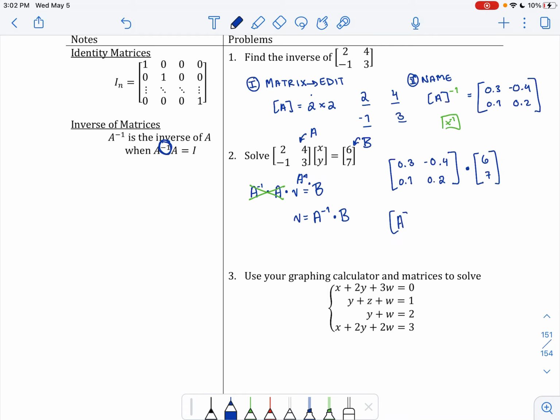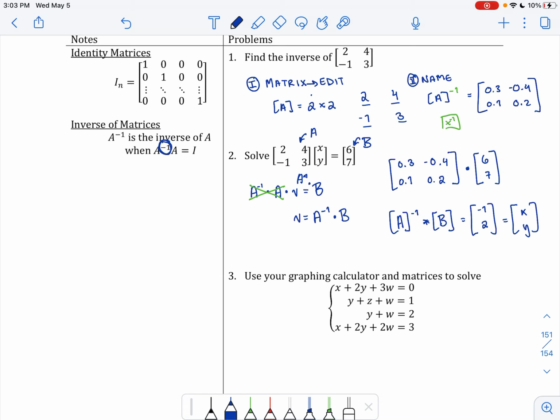Then, using your calculator, you can do matrix A to the negative 1 times matrix B, and that's going to give you the solution matrix, which would be -1, 2. That's the same as x and y. These are your variables. And if you remember from your last lesson, x was equal to -1 and y was equal to 2. So we've just solved our system just using our calculator.